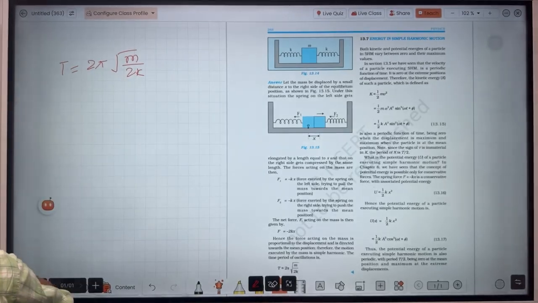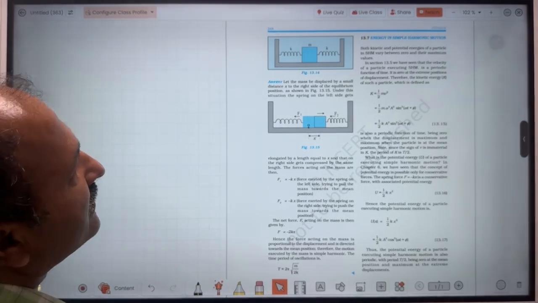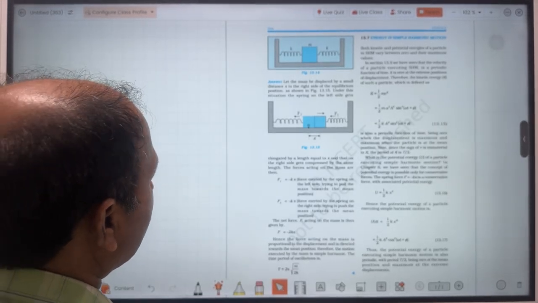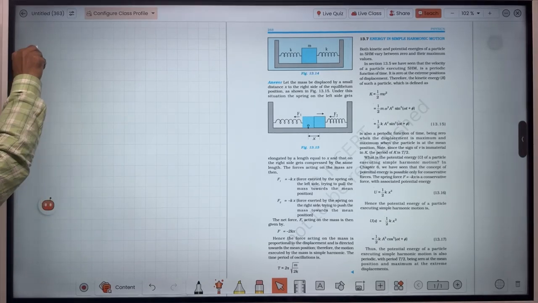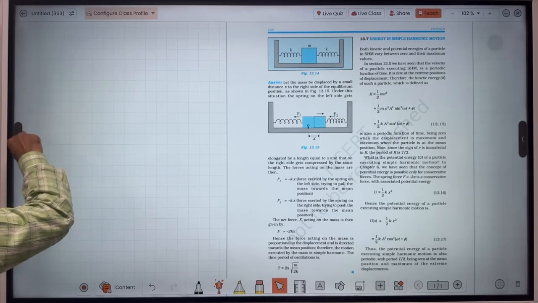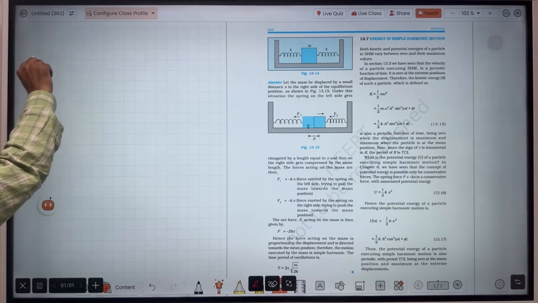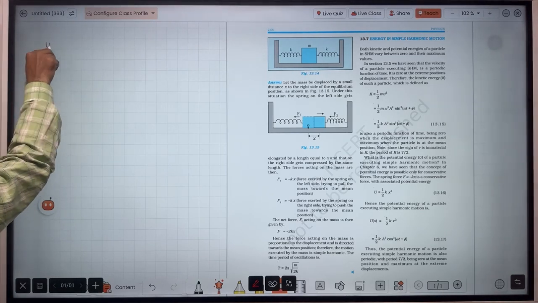Now we are going to see the different types of energies associated with simple harmonic motion. So here what we have to observe is what is kinetic energy, what is potential energy, what is total energy, and then the graph. So let's see.